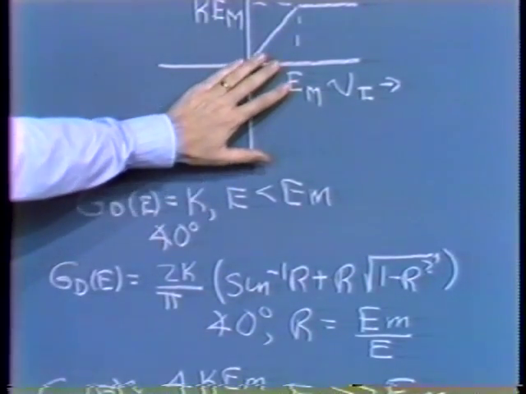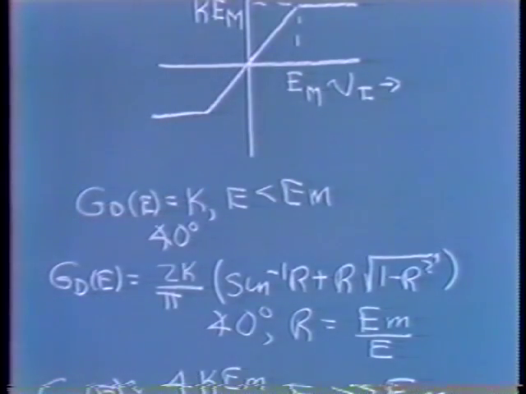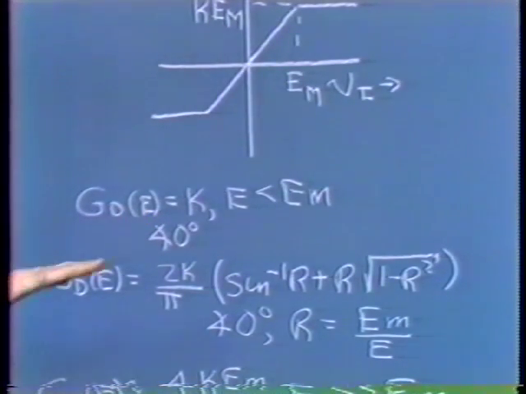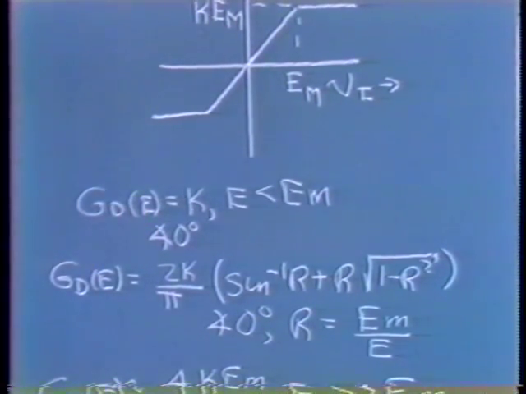When we exceed a value of E sub m for our test signal, of course, the output sinusoid is flattened down. It has flat spots on the peak and the valley of the output sinusoidal signal.